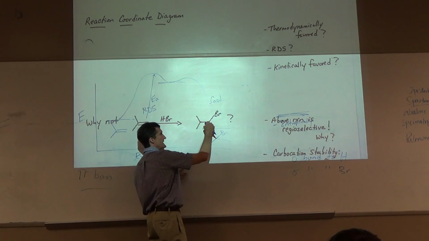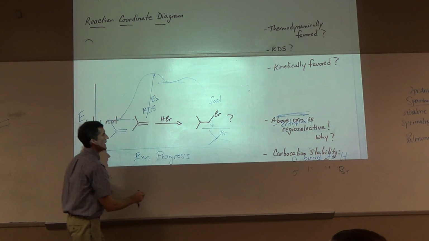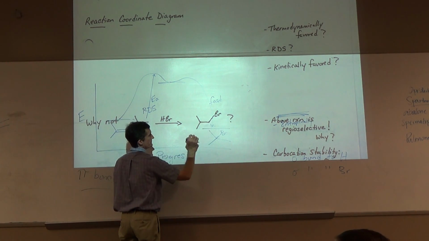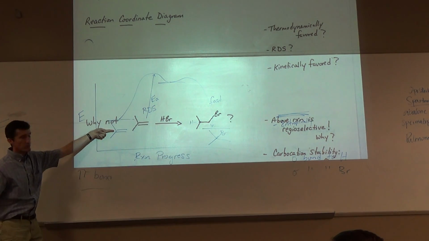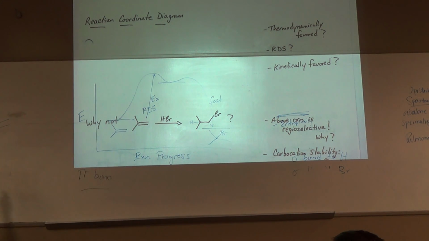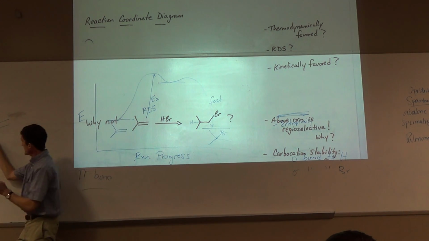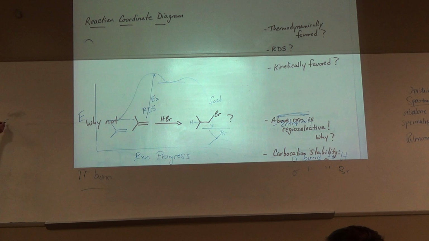For Br to attack out here, we must have had the cation out there. Where's the new H at? New H is there because, see, there's no H on this carbon. Now there's one. So there's the new H. That means that instead of the electrons breaking away from here, the electrons break away from over there. And we hinged it this way, like this.